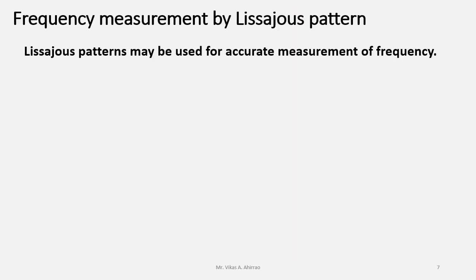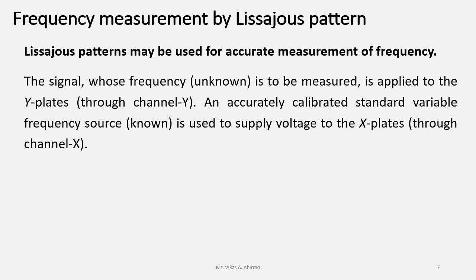Now we will see how exactly we have to use the Lissajous pattern for unknown frequency measurement. Very first, the unknown frequency you have to apply to the Y plate. For this, you can use channel Y on the front panel of the CRO, and to the X channel you have to apply the accurately known calibrated standard frequency, and it should be a variable one.